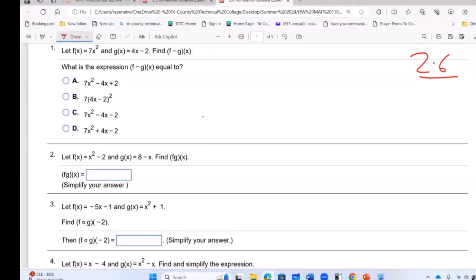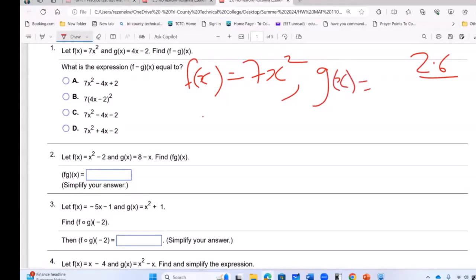All right, so the first one given to me is that f of x is equal to 7x squared. It's a quadratic. And then the next one given to me is that g of x is equal to 4x minus 2.